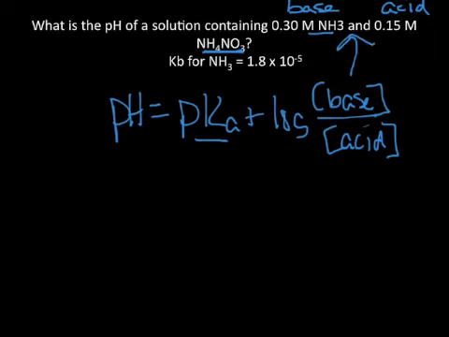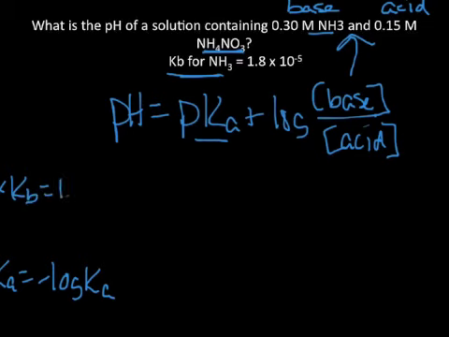To get the pKa, I'm going to do a little side calculation down here. pKa is the negative log of the Ka. For this particular problem, because this is a base, they don't give me the Ka, they give me the Kb. If you remember from before, Ka times Kb equals Kw, which was 1 times 10 to the negative 14th.